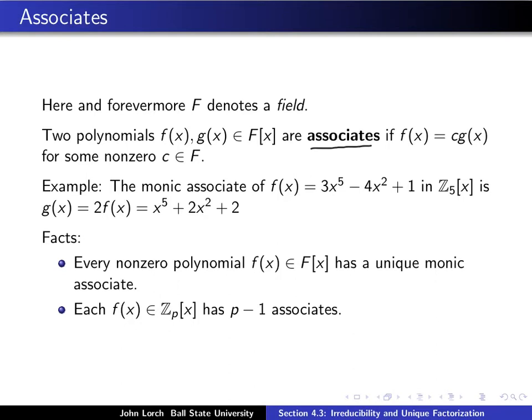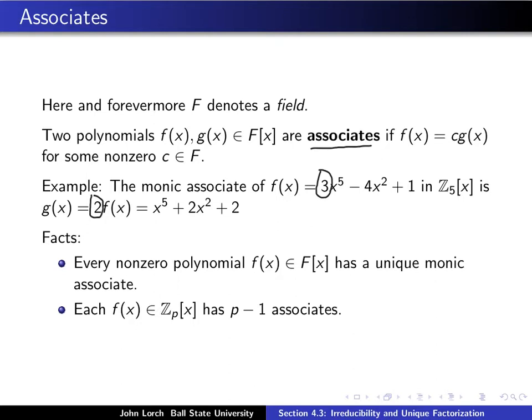If we do that, we see that 2 times f of x is just x to the fifth plus 2x squared plus 2. Here we have to remember that all of our arithmetic in coefficients is occurring over Z5. So when I take this 2, for instance, and multiply it by the leading coefficient 3 in the original polynomial, I get 2 times 3, which is 1 in Z5.